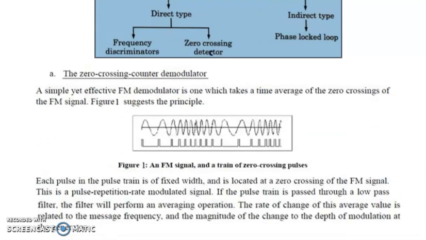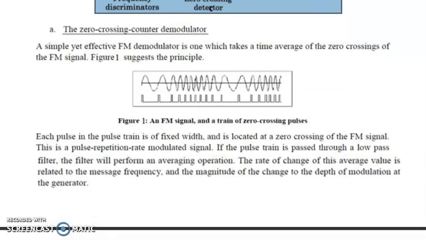Now, what is a zero crossing demodulator? It is also known as a zero crossing detector. A simple effective FM demodulator is one which takes a time average of zero crossings of the FM signal. Here we can see the frequency modulated signal, where here the frequency is lesser and here the frequency is greater.